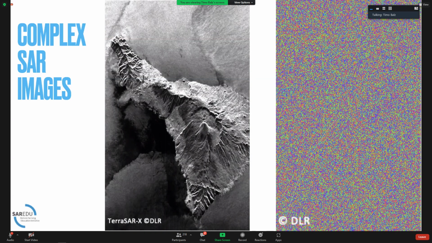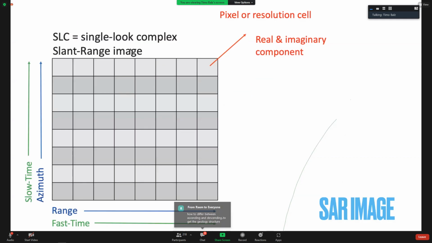So yes, you get both as long as you order the SLC image, the single look complex image, where it means you have a single look image, so only one look, and complex means it has a real and imaginary component. It's a complex number.